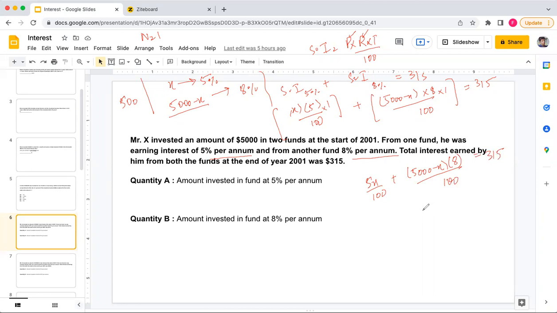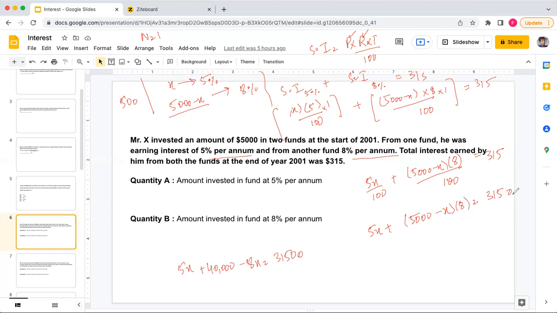So just take 100 common and move to the right side. This will become 5x plus 5,000 minus x into 8 is equal to 31500, right? So if you proceed further, this is 5x plus 40,000 minus 8x is equal to 31500.